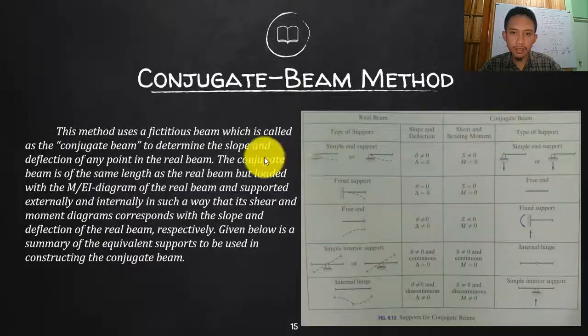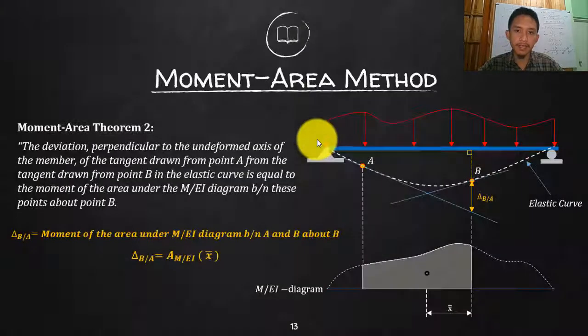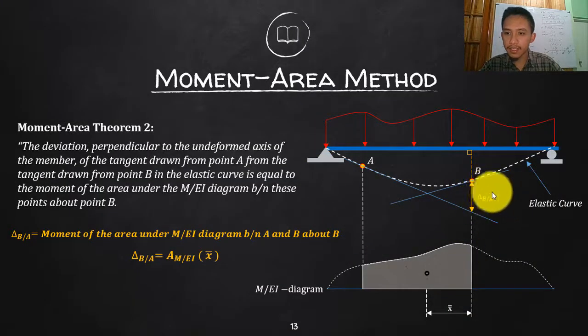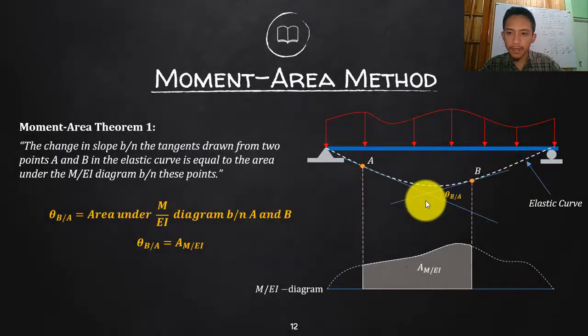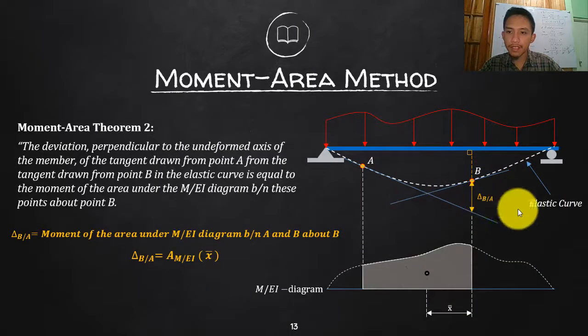Unlike in your moment area here, the distances and the angles are not from the actual beam itself or not from the undeformed shape. The theta is from tangent to tangent. The distance is from tangent to tangent. So you will only have that distance and angle directly from the beam if the tangent at that point is coinciding with the beam.